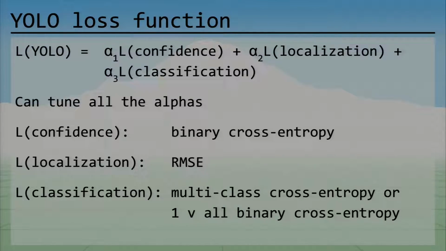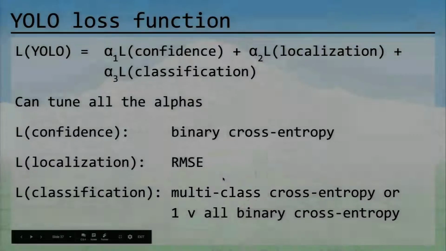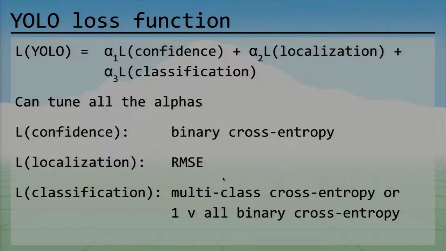Then it's this one versus all situation where you say, is there a cat or is there not a cat? And independently, is there a dog or is there not a dog? In practice, using either of these two setups, doing the softmax operation or using logistic activations and doing this one versus all thing, works basically about the same in terms of accuracy.